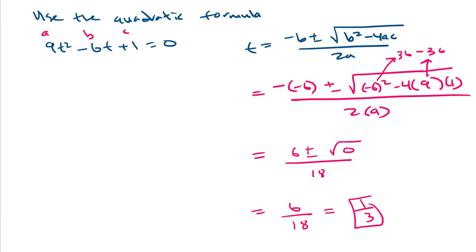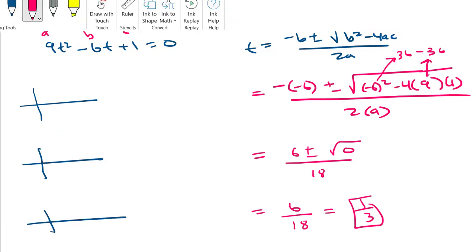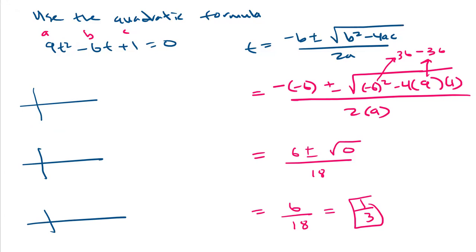Okay. So this is what they mean by, remember in quadratics, visually, that means you can have these different scenarios. Either you'll have two possible solutions because it crosses the x-axis twice.